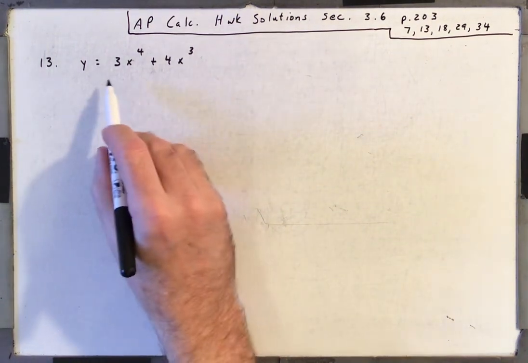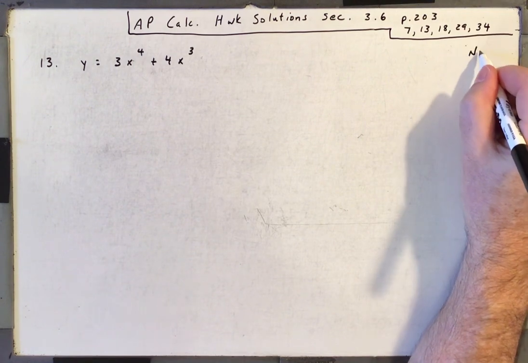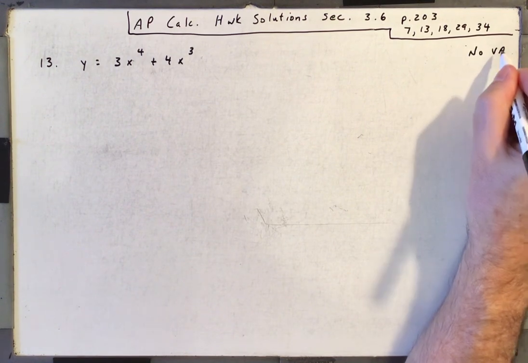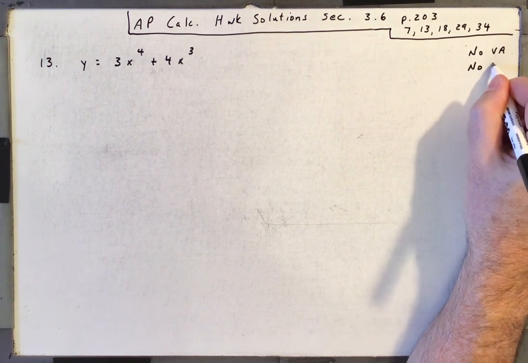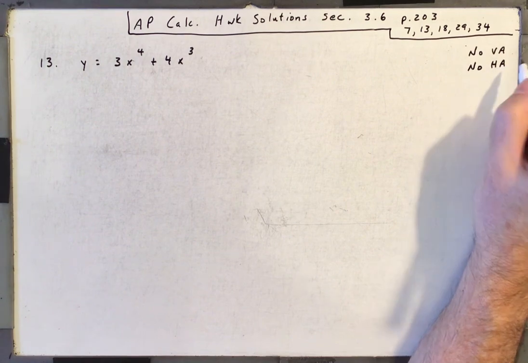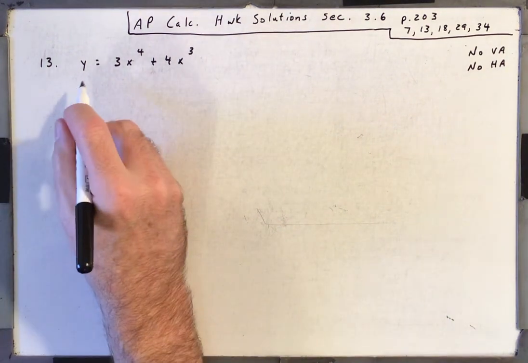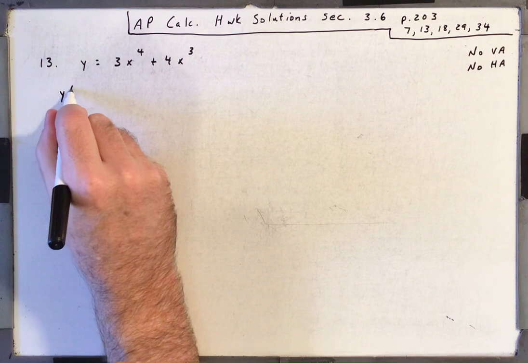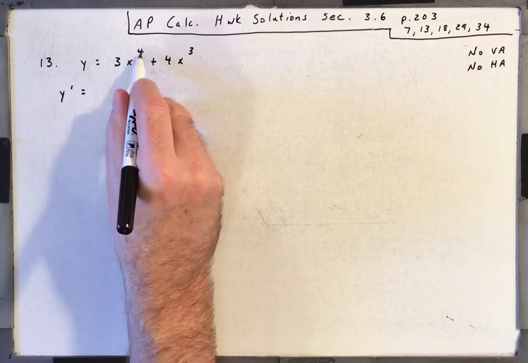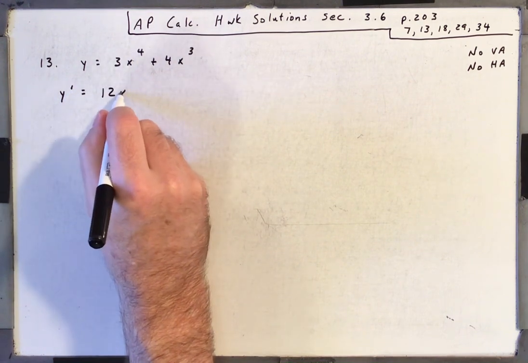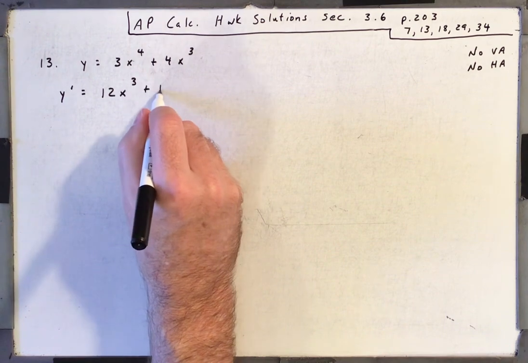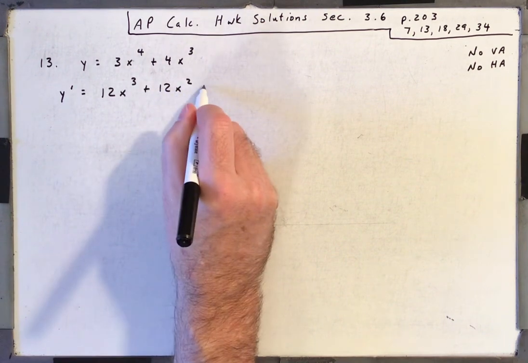Okay, so not a fraction, so there's no vertical asymptote, no horizontal asymptote. So first derivative test, y prime is equal to 4 times 3, 12x cubed plus 12x squared.